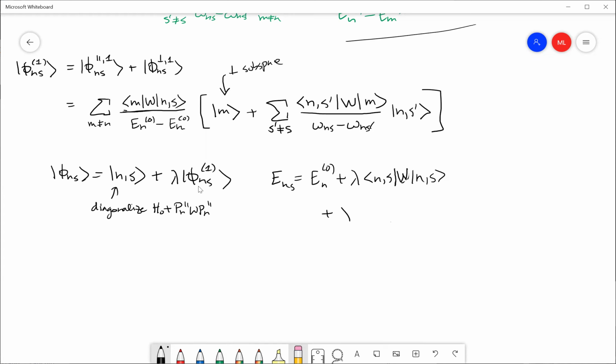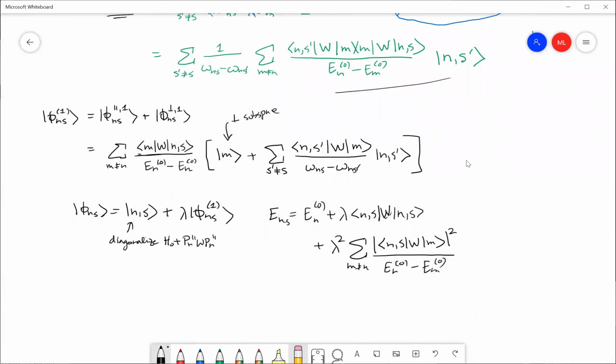And then there's the lambda squared correction, which is just same as before. It's these matrix elements squared divided by En0 minus Em0. And that's it.